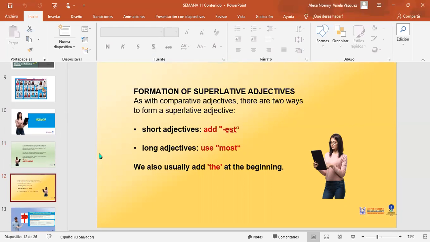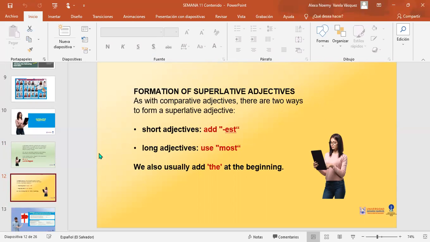Then, we have some formations of superlative adjectives, or rules, okay? As with comparative adjectives, there are 2 ways to form a superlative adjective. As I said before, guys, with the comparative adjectives, we add the ER at the end of the adjective, and then we add the word than.